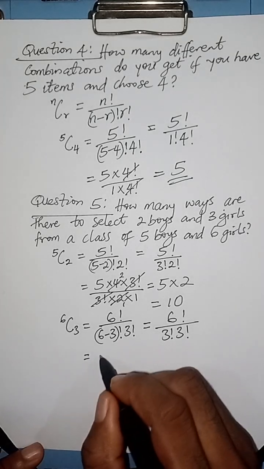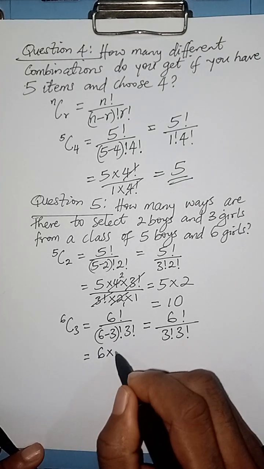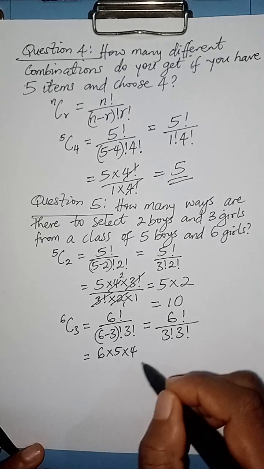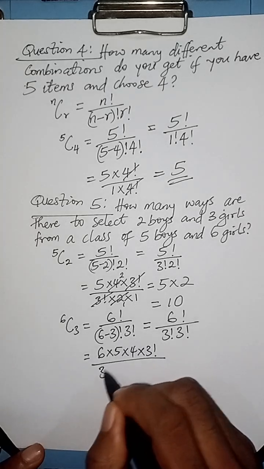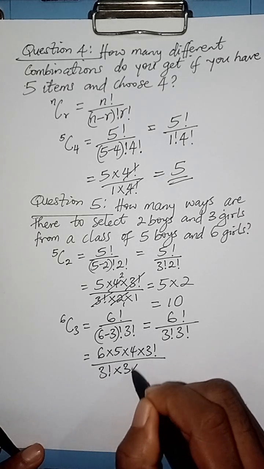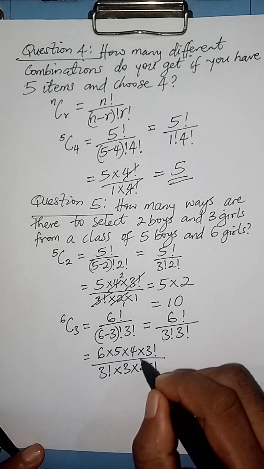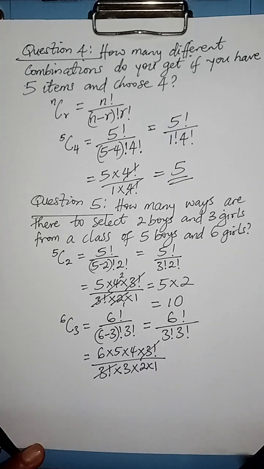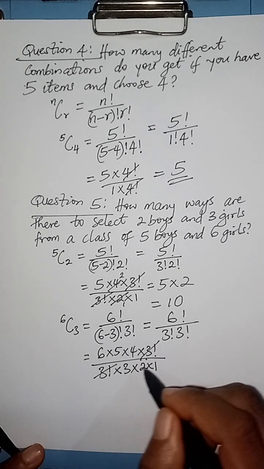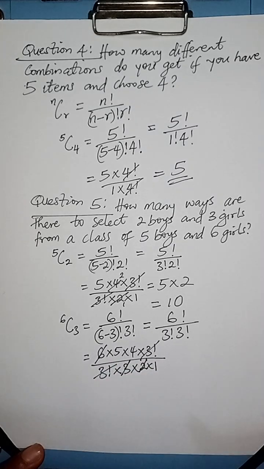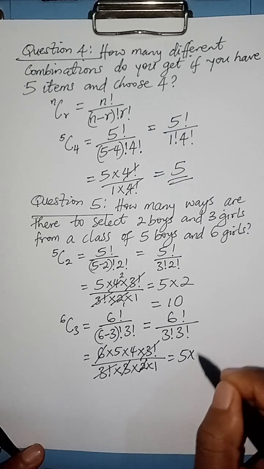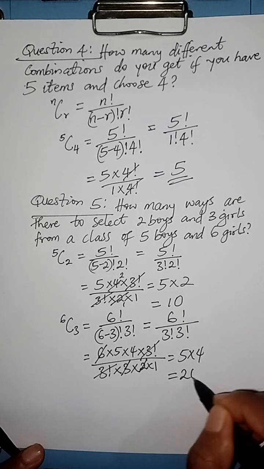If we expand this, we're going to have 6 multiply 5 multiply 4 multiply 3 factorial, divided by 3 factorial, multiply 3, multiply 2, multiply 1, so that you can easily eliminate the factorials. And then this will cancel out the 6. So you're left with 5 multiply 4, and that gives you 20.